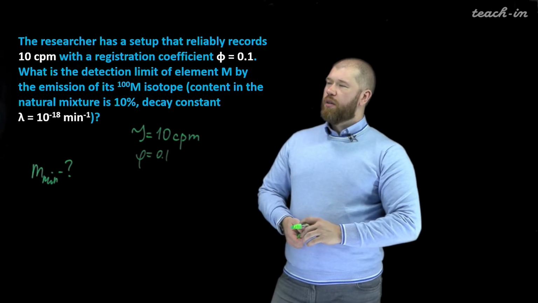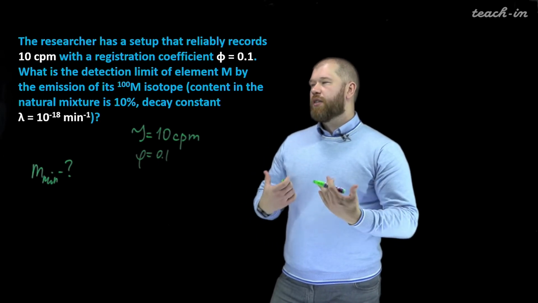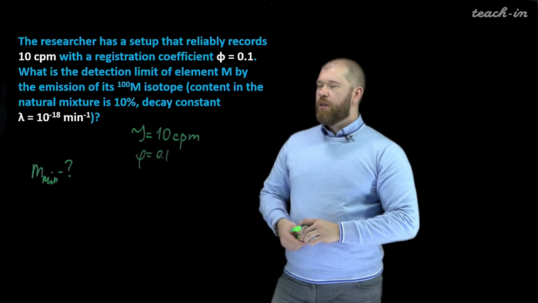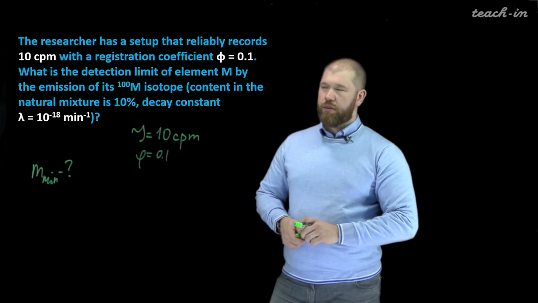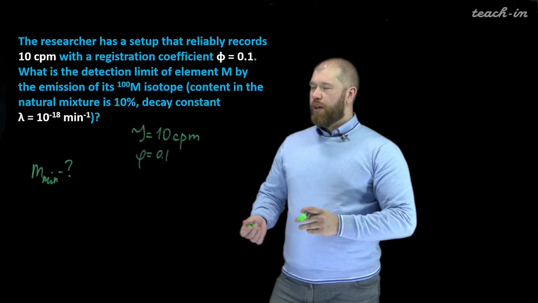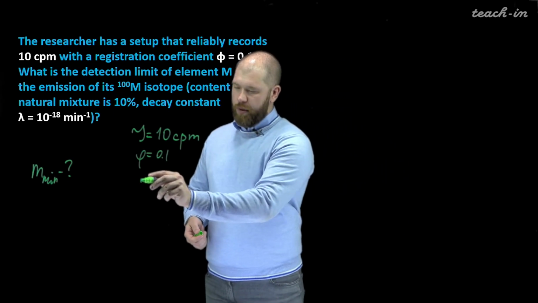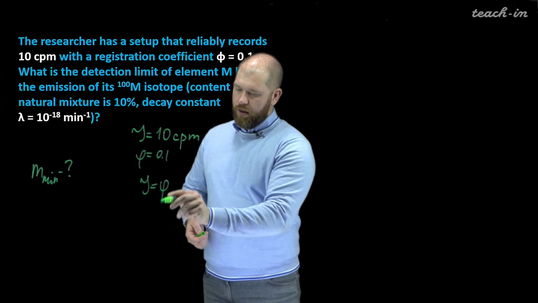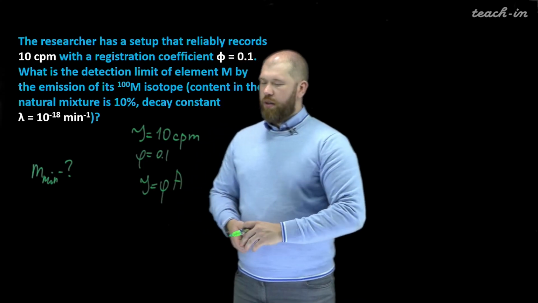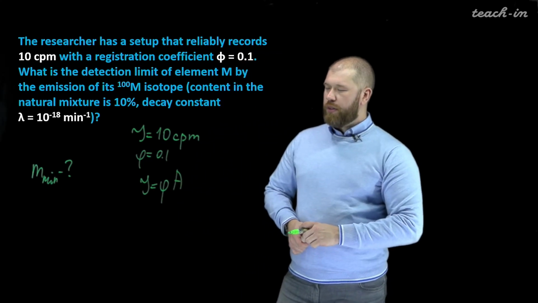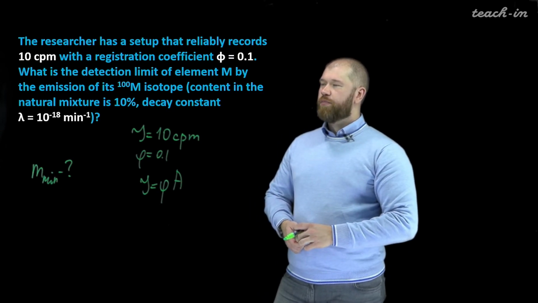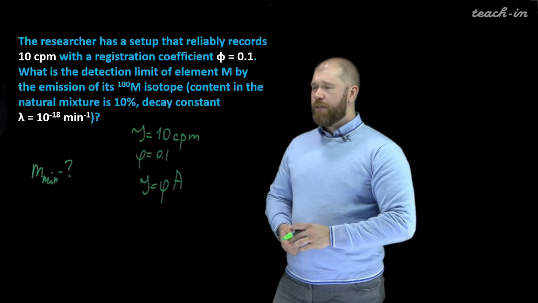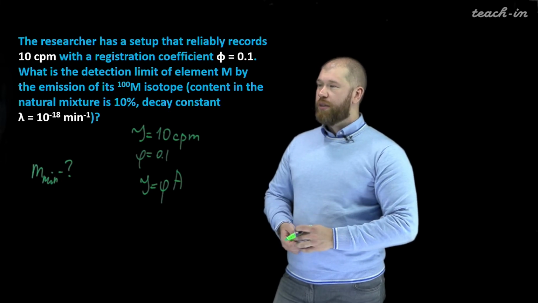And we assume that this count rate, 10 CPM, is already with subtraction of the background count rate. Thus, we remember that the count rate is related to activity with this coefficient. Thus, we can calculate the activity that we can measure with this setup.